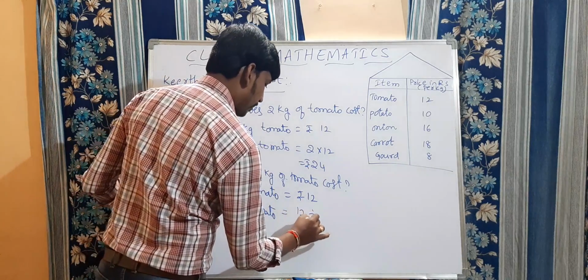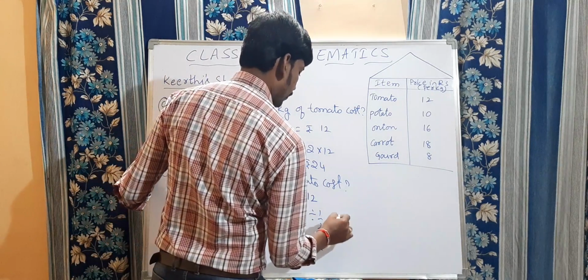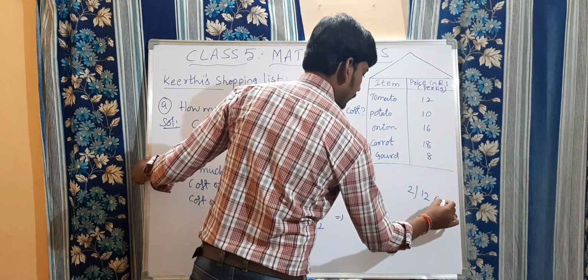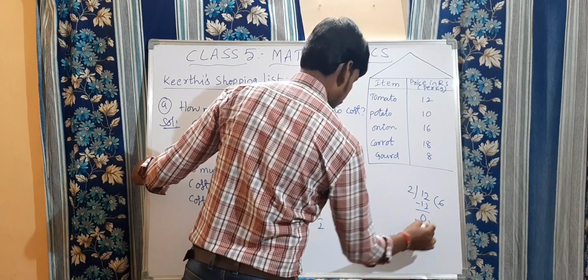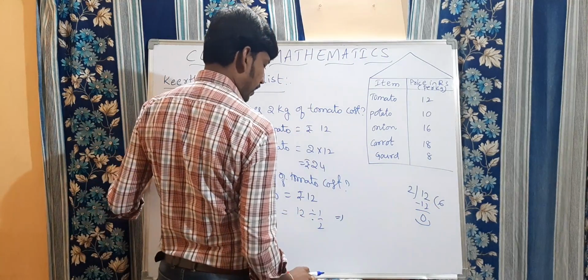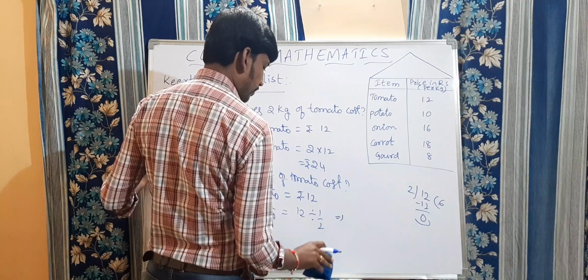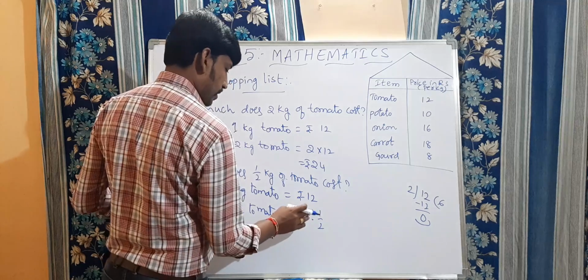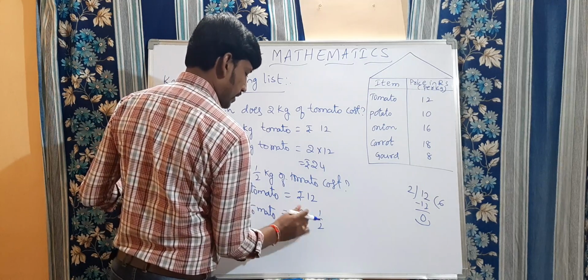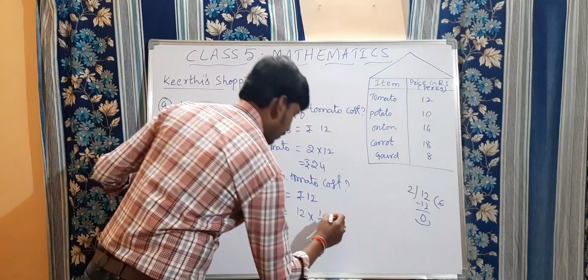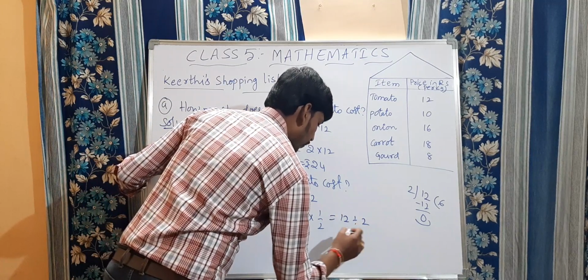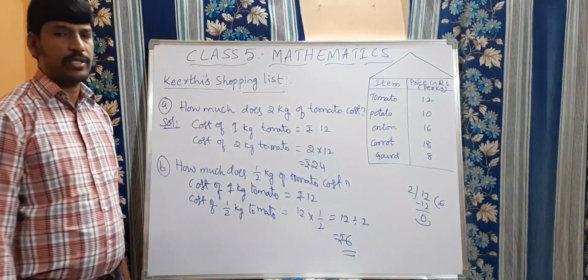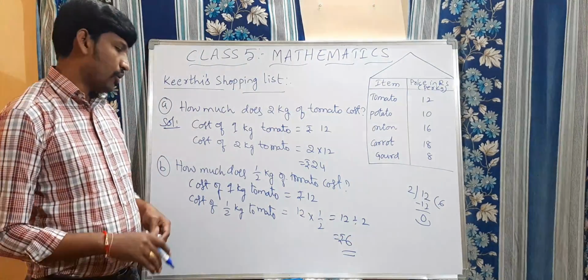Sorry, my dears, it is multiply: 12 into 1 by 2 implies 12 divided by 2, which is equal to 6 rupees. Clear, my dears? So half kg tomato is equal to rupees 6.